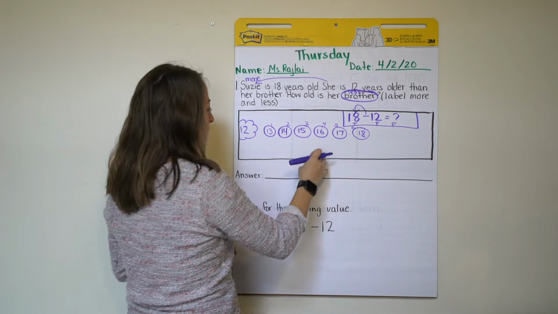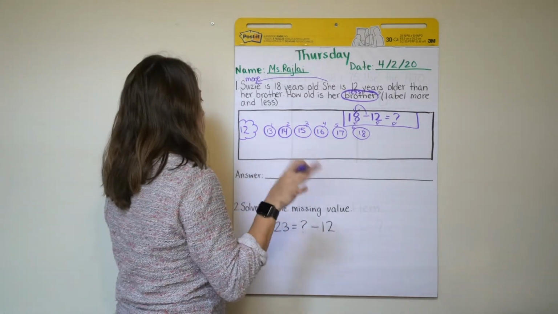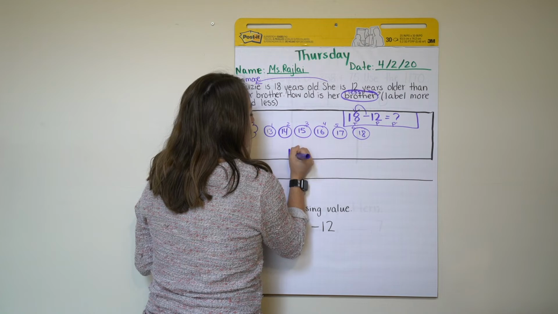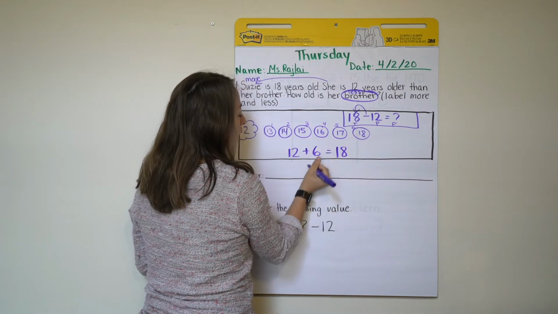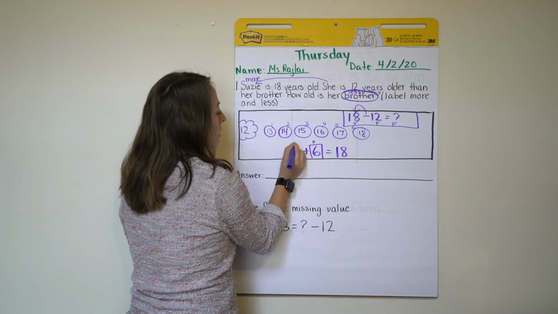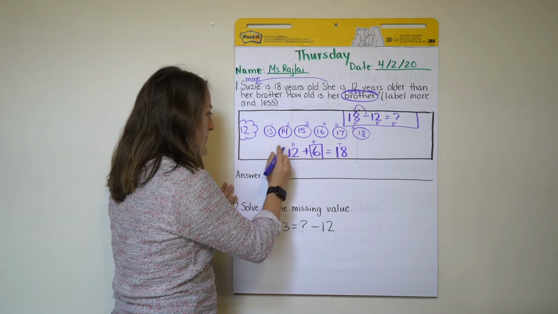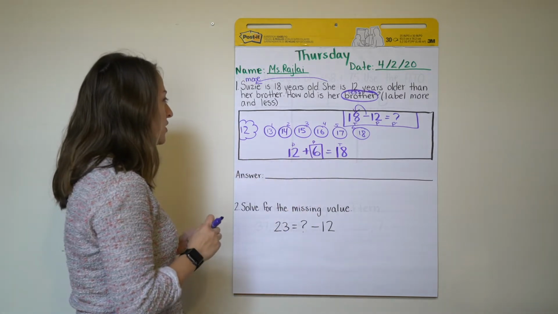Now you can write a number sentence to match your work. Your work might not be the same as mine, and that's okay. So I did 12 plus 6 equals 18. This was my missing part, so I'm going to box that. And then I'm going to label that part in my total. Now you can take the time to answer this question.